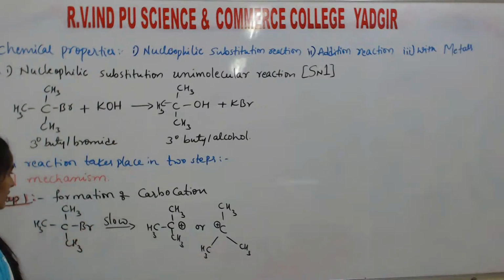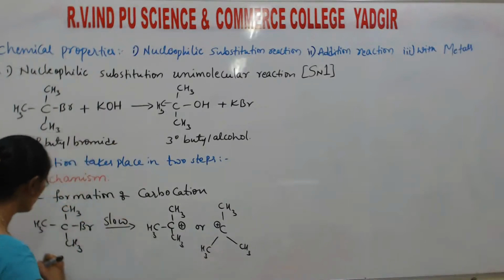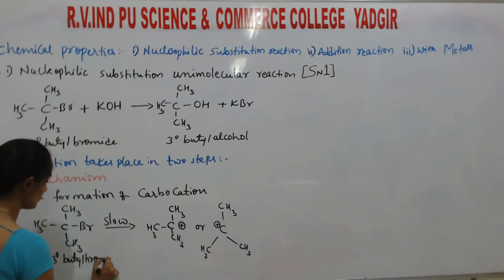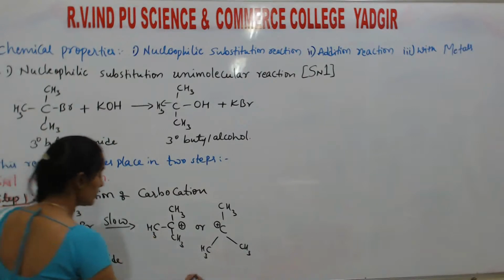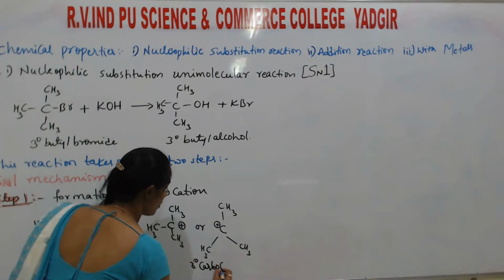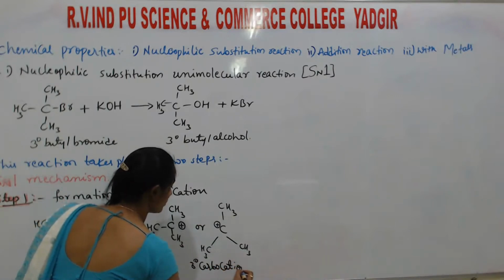So this is the first step, formation of carbocation. This one is tertiary butyl bromide, and this one is the tertiary carbocation.